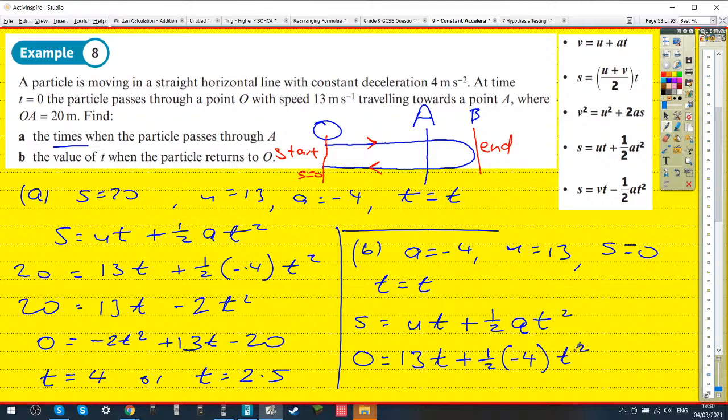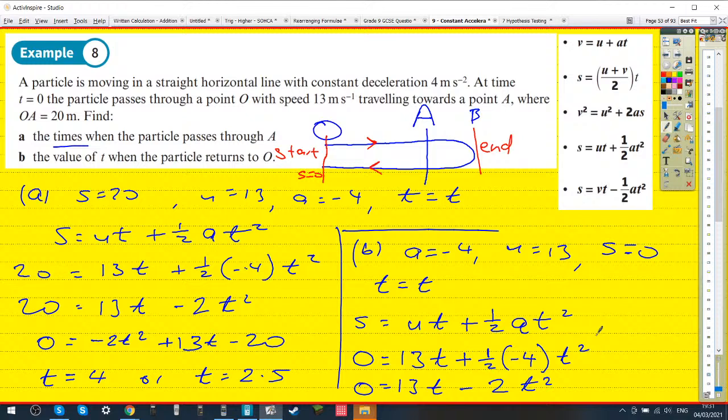So 0 equals 13T plus a half times minus 4T squared. We already have a half times minus 4, simplify. Oh, it's minus 2, sorry. So it'd be 0 equals 13T minus 2T squared. And then you can put that into the calculator.